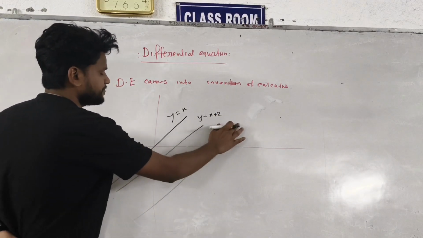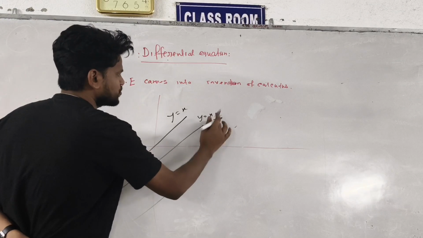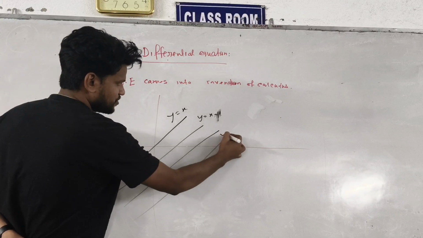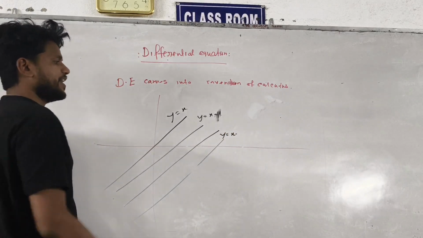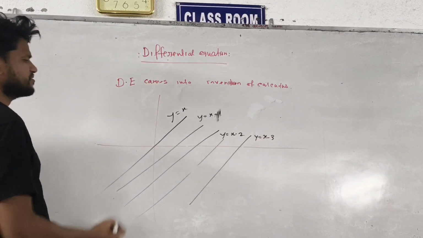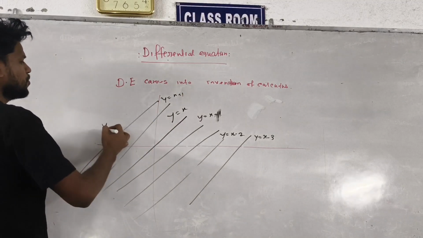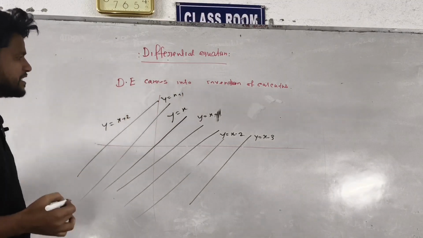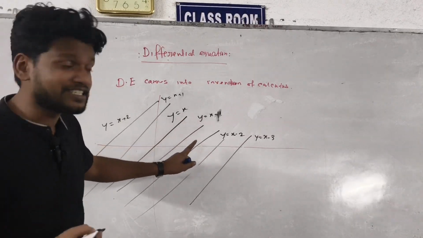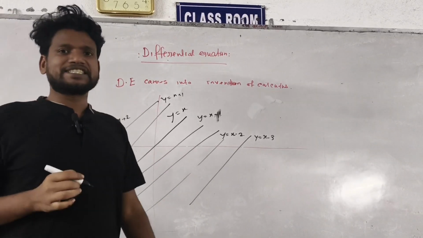And this is actually y equals x minus 1, and similarly y equals x minus 2. There are so many straight lines. Similarly here, y equals x plus 1, y equals x plus 2. Here I draw all the straight lines whose slope is 1.